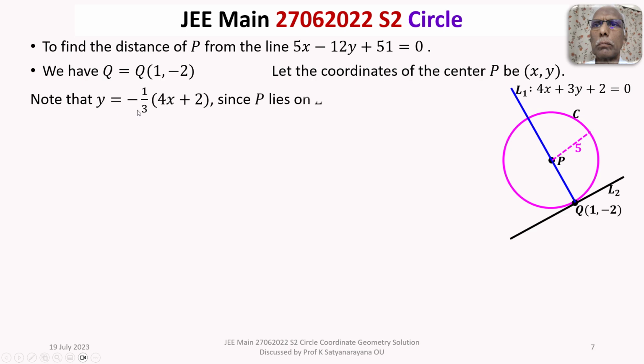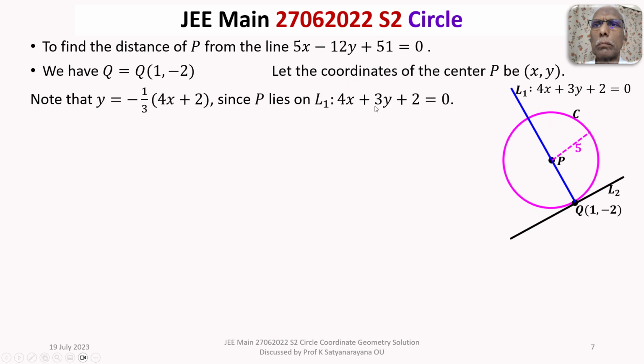Note that y will be minus 1/3 multiplied by 4x plus 2. Why? Because P lies on L1. The equation of L1 is 4x plus 3y plus 2 equals 0, and when you solve for y, we will get this. And x comma y are the coordinates of the point P.